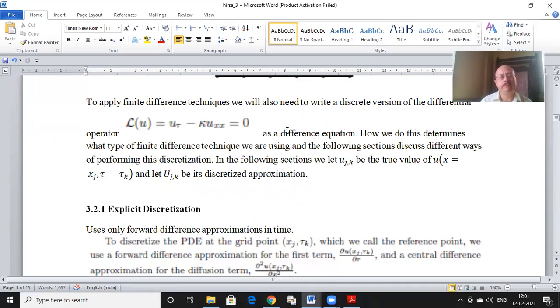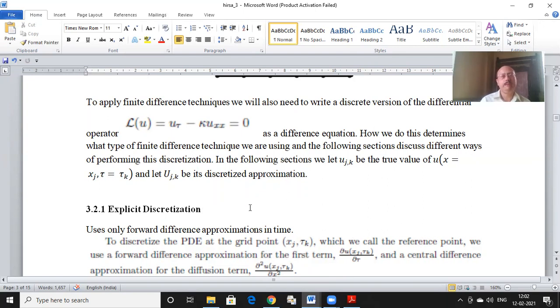How we write this difference equation will determine what type of finite difference technique we are using: forward, backward, central, etc. In the following sections below, we will be performing these different discretizations and solving the corresponding difference equation. So our objective will be to show how different types of discretizations lead to different levels of precision.